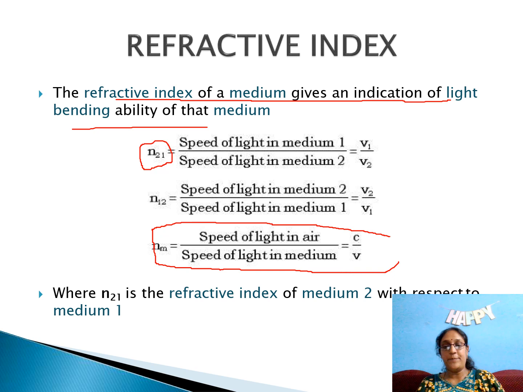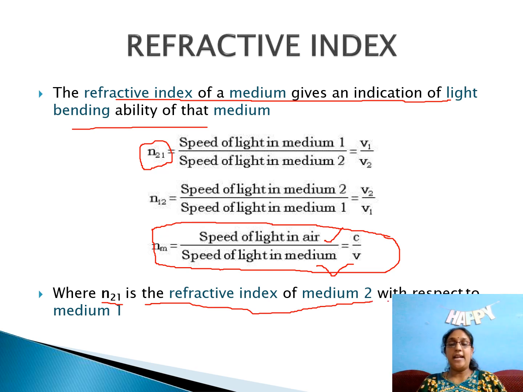That is your n_m, the refractive index: speed of light in air by speed of light in any medium, that will be c by v. Here n21 is the refractive index of medium 2 with respect to medium 1. Got it?